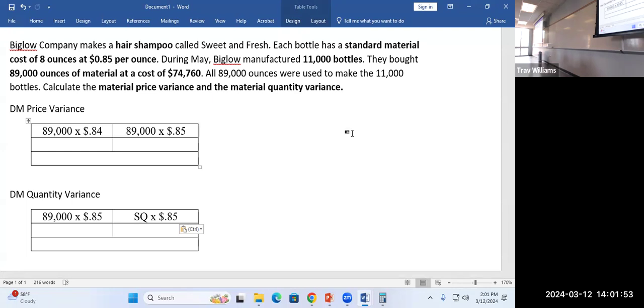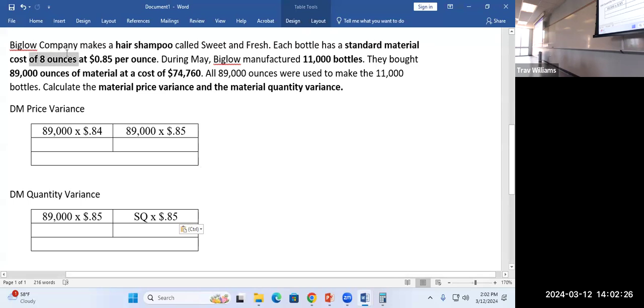How do we figure out what is the standard quantity of materials for this amount of production? How much should it have taken us to make this many bottles? What did you say, Audrey? 8 ounces times 85 cents times 11,000.